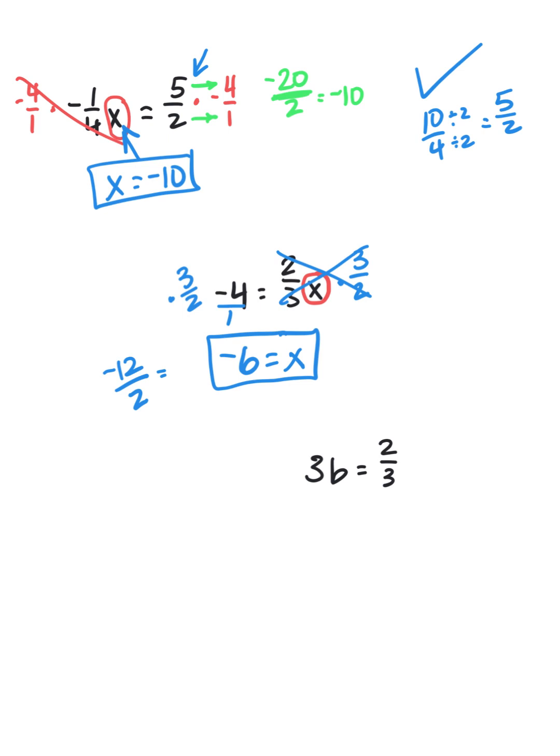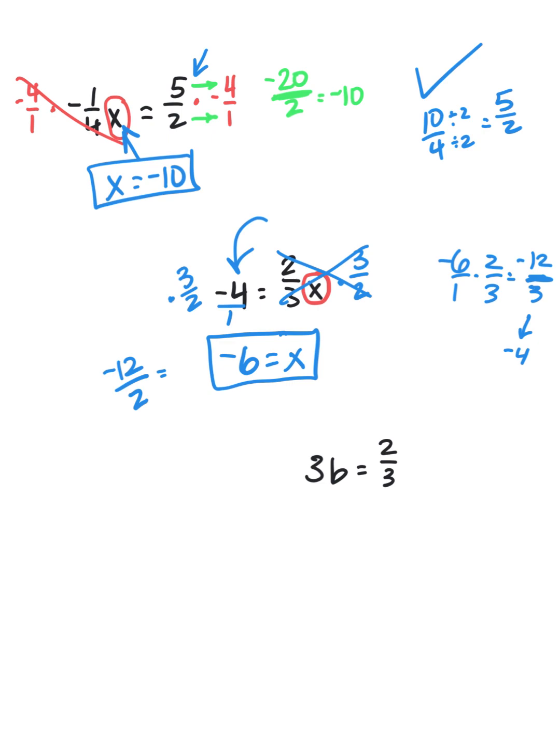If we substitute it back, -6 times 2/3, right? So -6 times 2/3, that's going to be -12 over 3. And -12 divided by 3 is -4, which is what we started with.